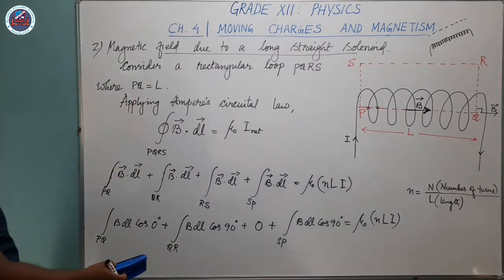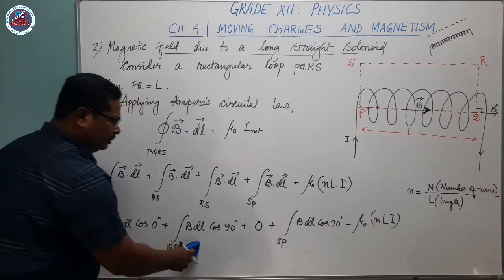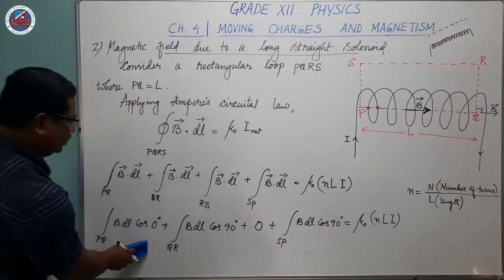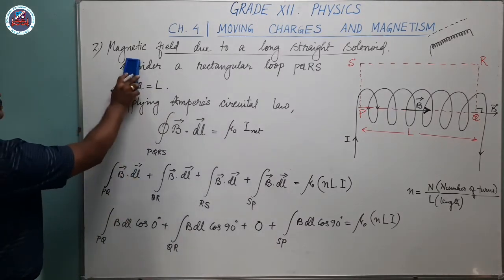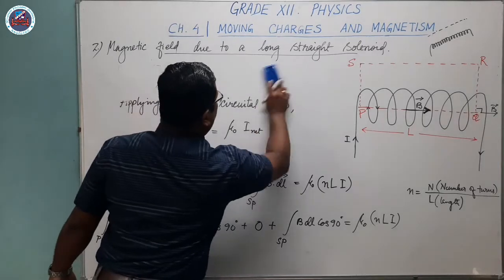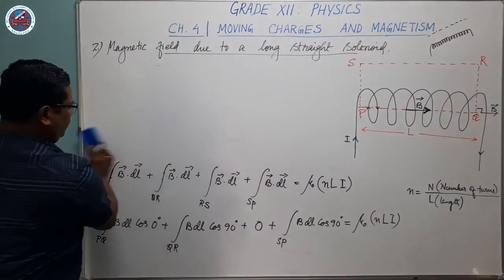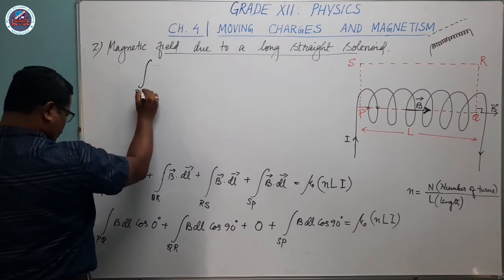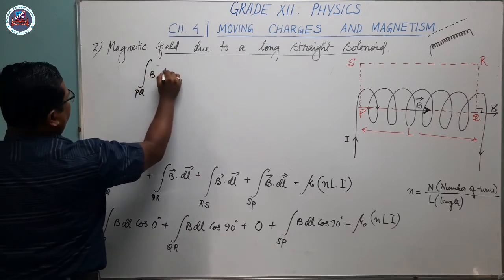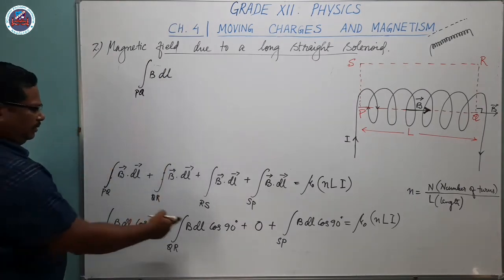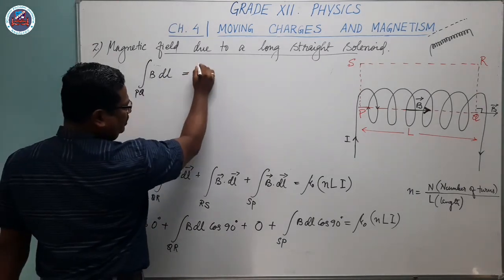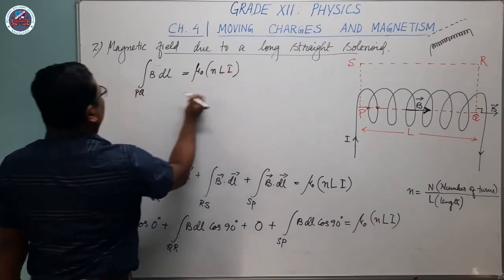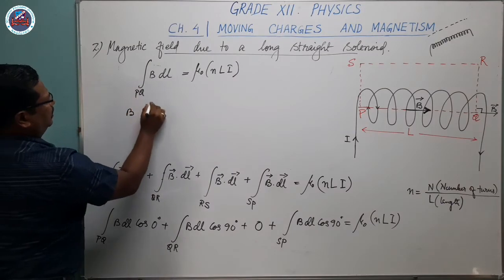Now as you know that cos 90 degree is equal to 0, this is also 0, this is already 0, then only the first term will remain. There is integration along PQ, B dl, cos 0 degree is equal to 1. So everything became 0. This is mu naught n L I. So B is a constant term, you can take it out.